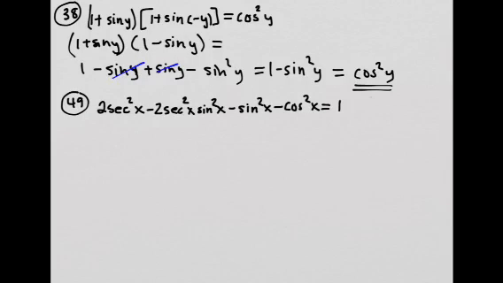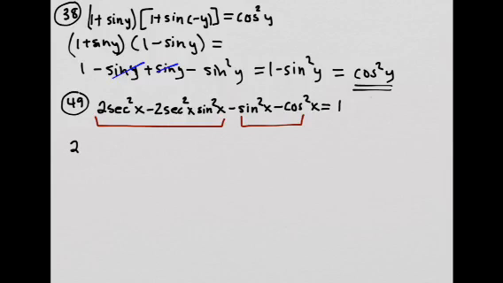Alright, for 49, I'm going to group them. I'm going to pair them up. So I'm going to pair up these two together and these two together. And my goal is to make the left side equal to 1. So the first thing I'm going to do is, in the first two terms, I notice that they both have 2 secant squared x in common.